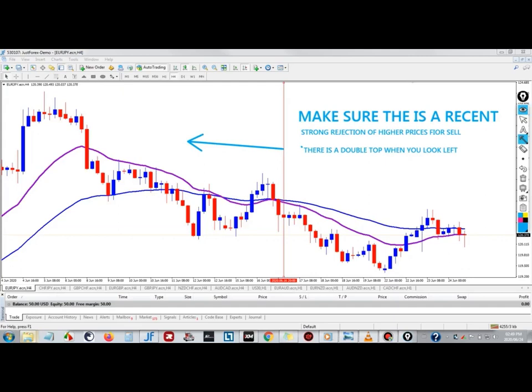Otherwise, if this was a downtrend that has been going on for like 3 to 5 days, then there is no need for you to look for strong rejection of higher prices for a sell and strong rejection of lower prices for a buy.